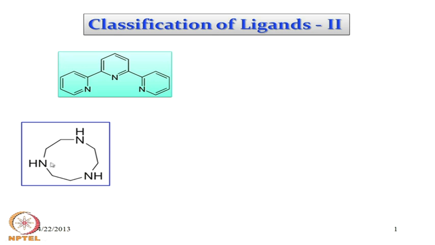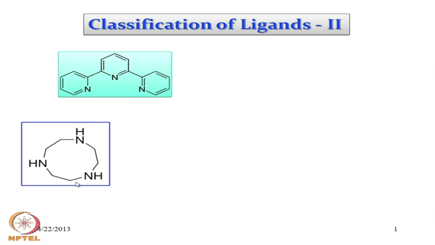Binding of this tridentate N3 ligand would be completely different from this binding, because when binding to the palladium or platinum center, it goes from one particular side, and only 3 of those sites are bound by these 3 nitrogens.